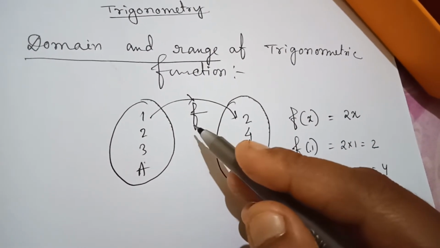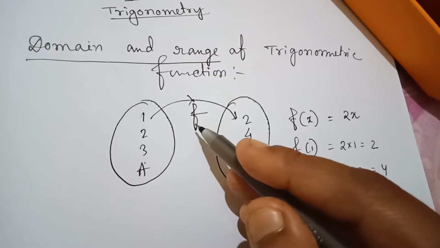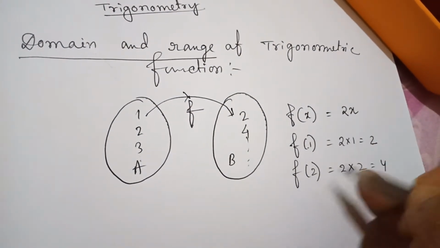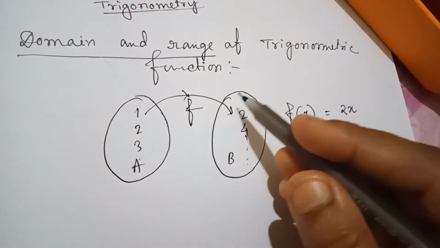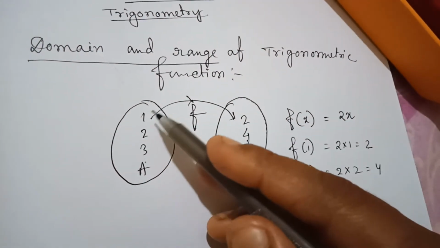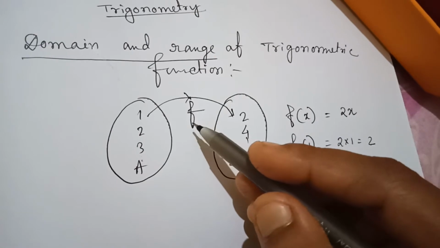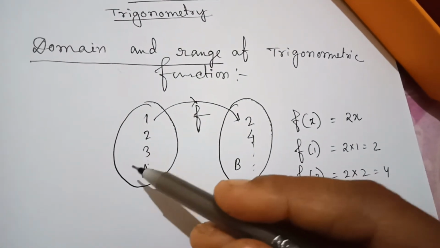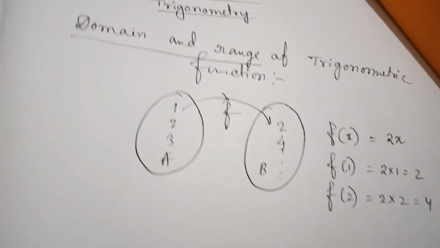That means this function is giving the values for these x values. So that's the range set, and the function is operating on a particular set, so that first set is the domain.